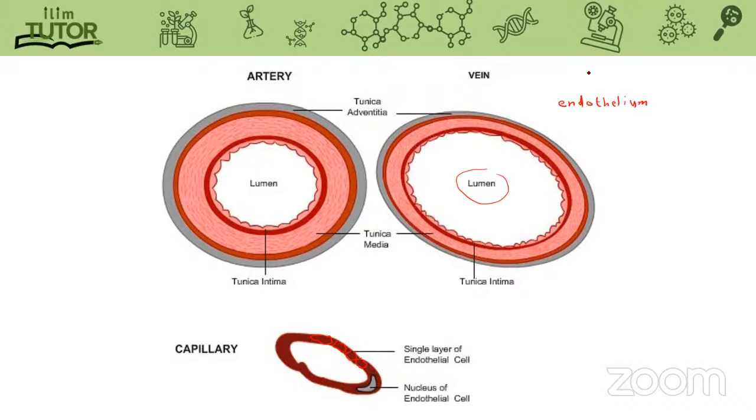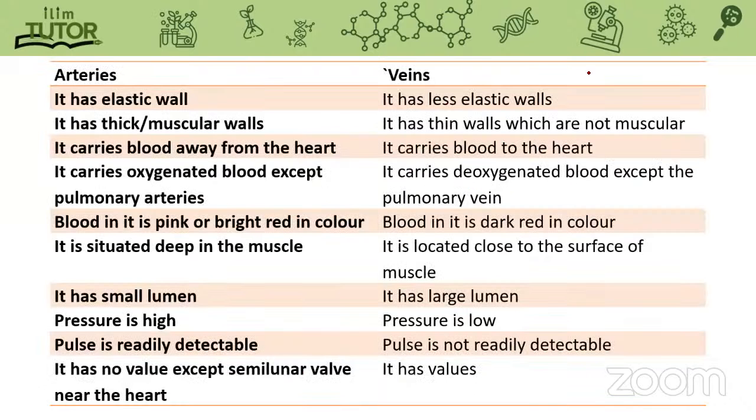So let's make a comparison between arteries and veins. The arteries have a very thick elastic wall because they actually have more elastic fibers compared to the veins. So the veins are described as less elastic because they have a lower concentration of elastic fibers.